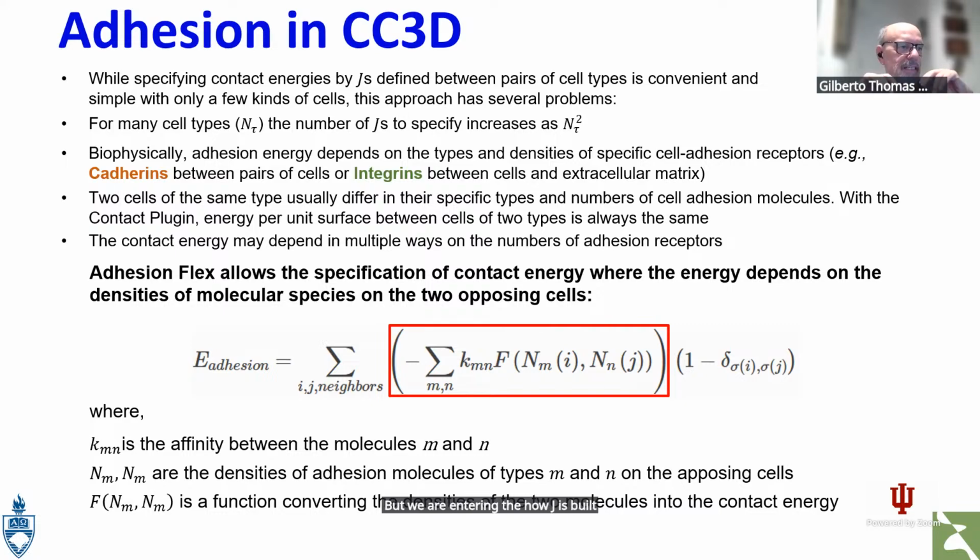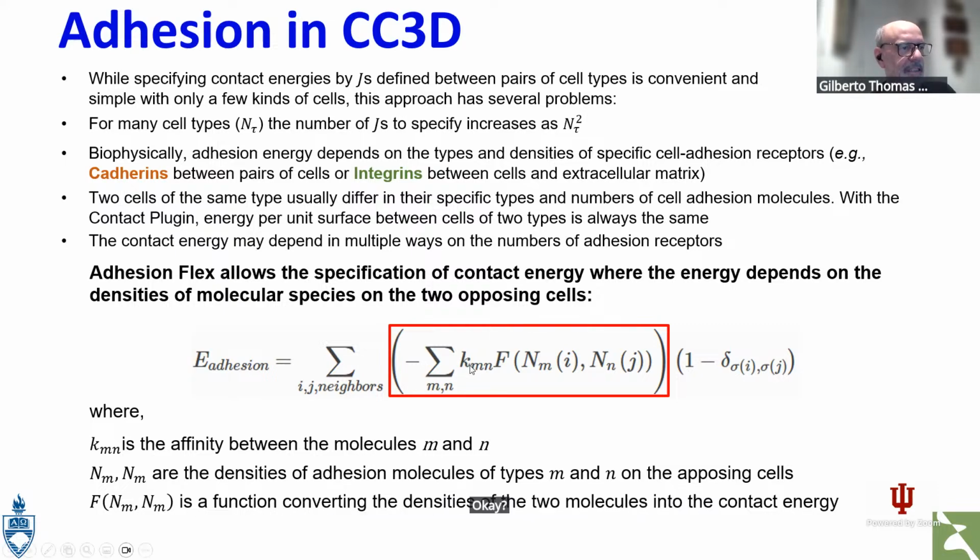J now is built from a function which takes into account this K here, which is the affinity between two molecules. Suppose that we have two cells with different molecules, the number of molecules are different, and they have some affinity. They like or dislike each other, for example. Okay?